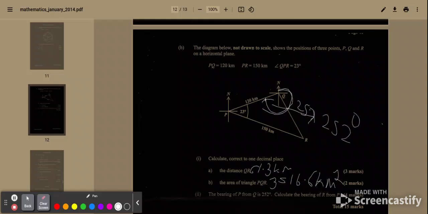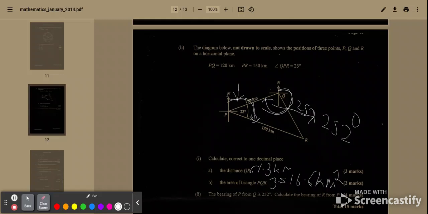The first step to find the bearing of R from P is we need to find the angle where the arrow is pointing at, because when we draw the angle from P in a clockwise direction, it would look like this.